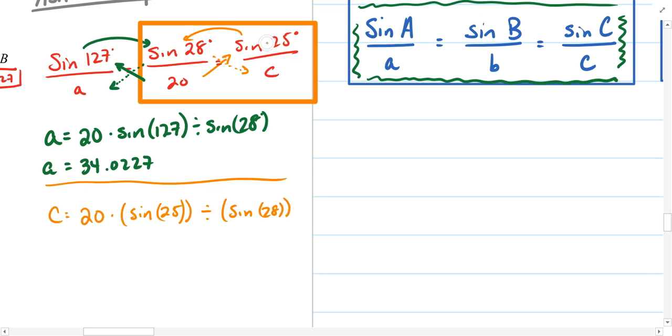So we're not multiplying by 25 and dividing by 28. We're multiplying by sine of 25 and dividing by sine of 28. And we have to execute that mini command in order to obtain the correct ratio.